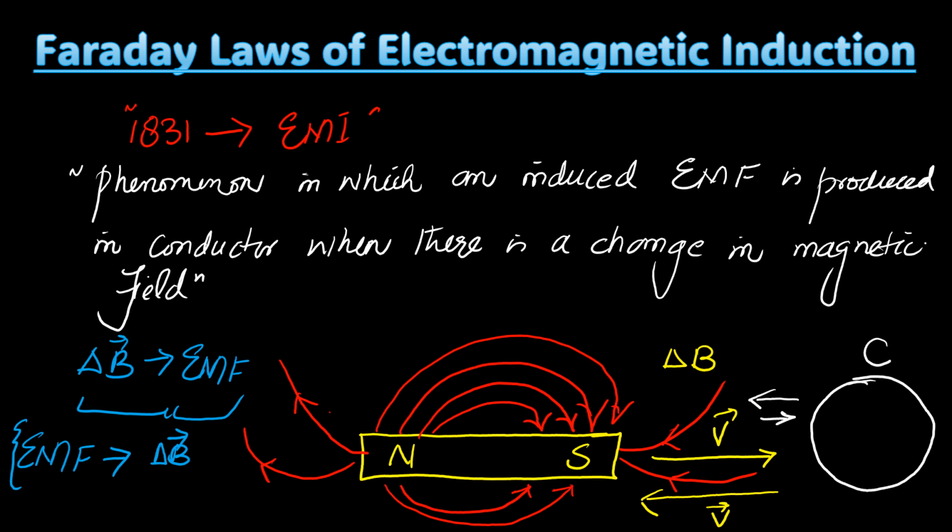These laws were transferred into a mathematical form by the scientist James Clerk Maxwell, and the equations proposed by him are known as Maxwell's equations.